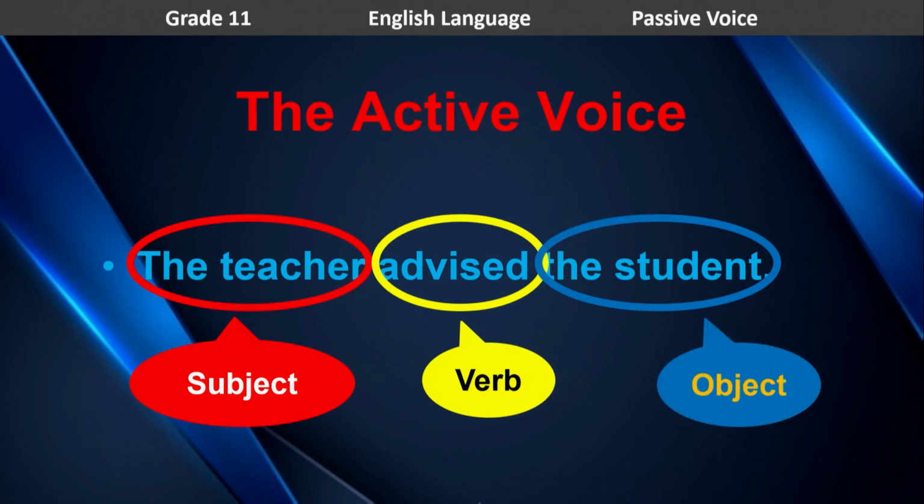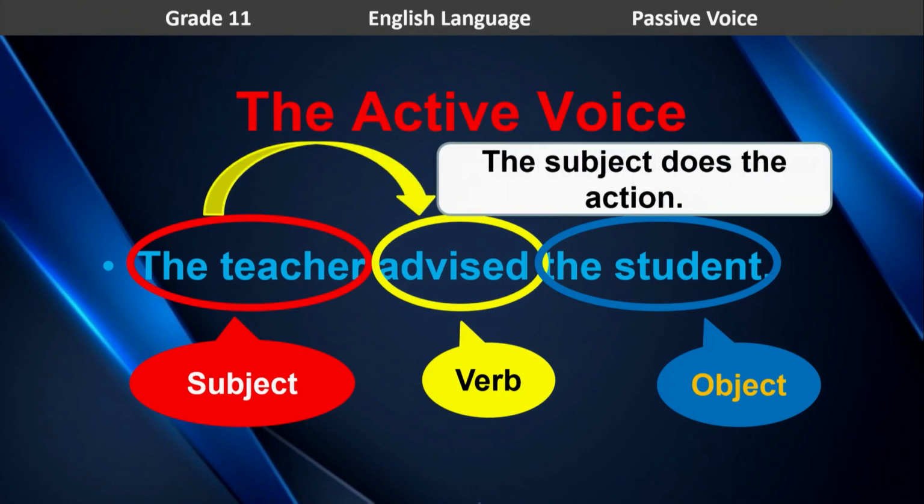When you have a look at this sentence, you can understand that the sentence reveals the action done by the subject. Here in this sentence, the subject does the action given in the verb. I repeat, it is understood that the teacher is the person who advises the children.